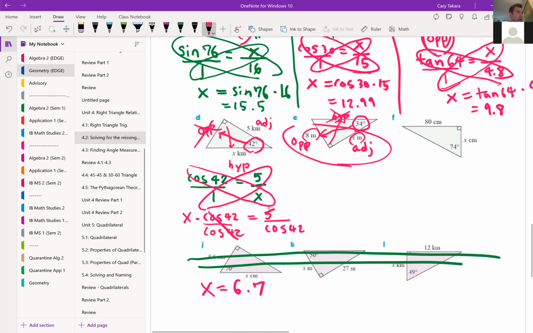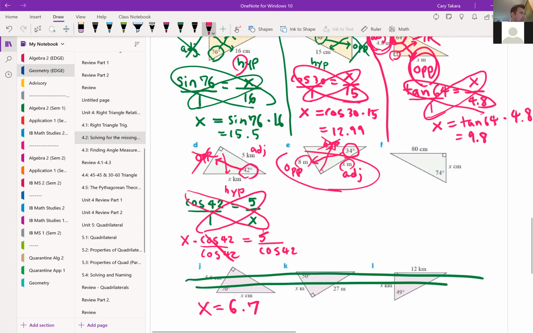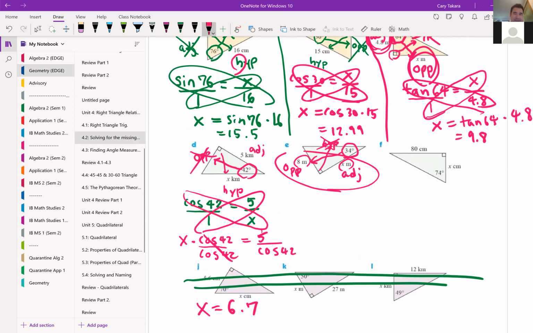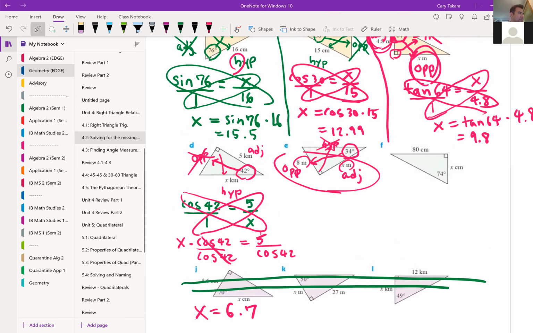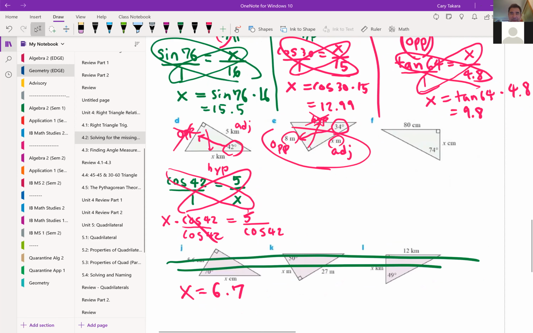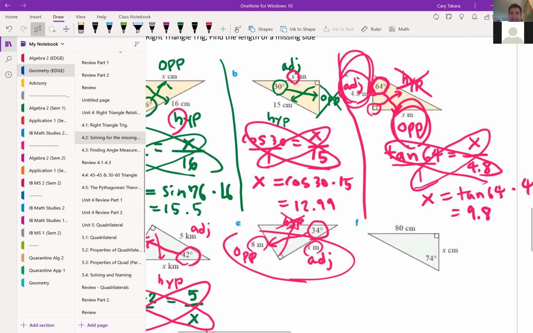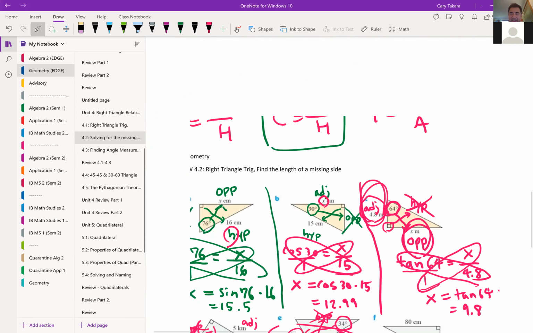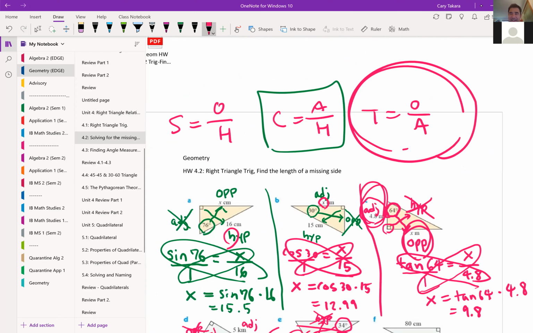Which one uses the opposite and adjacent? Yeah, Stephanie, that looks good. So opposite adjacent is right here. You see that? Opposite adjacent, OA, right? So this is a tangent problem.